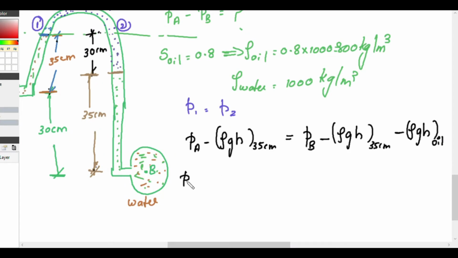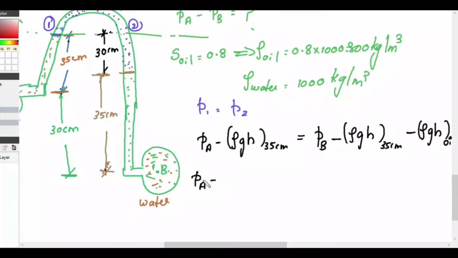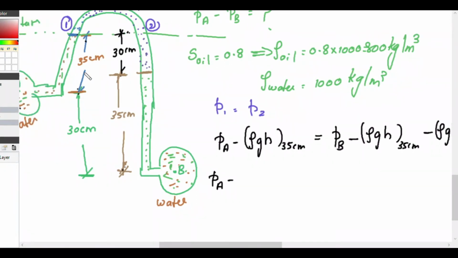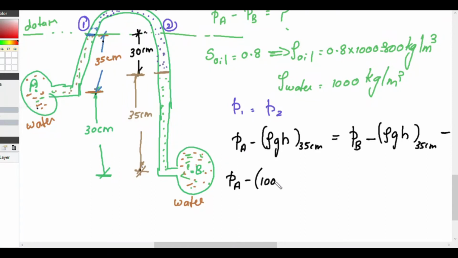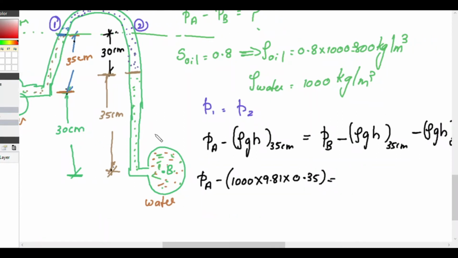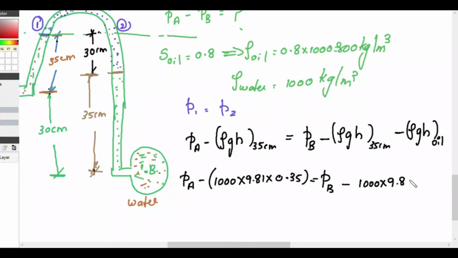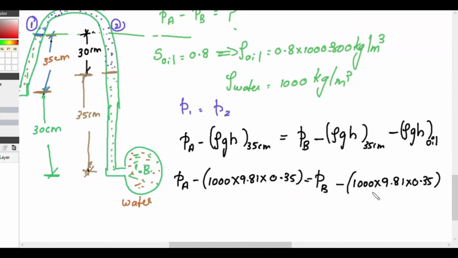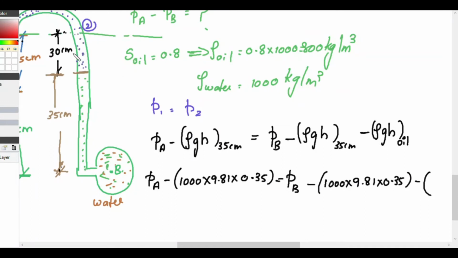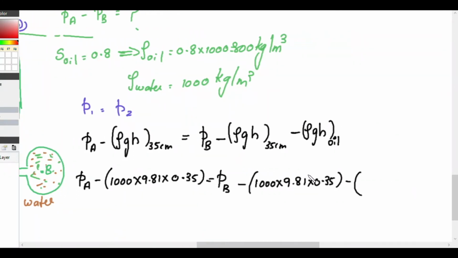So we get PA minus rho g h in the left limb, which is 35 centimeter of water, so 1000 into 9.81 into 0.35, is equal to PB minus 1000 into 9.81 into 0.35, minus oil of specific gravity 0.8 and the distance is 30 centimeter, so 800 into 9.81 into 0.30.